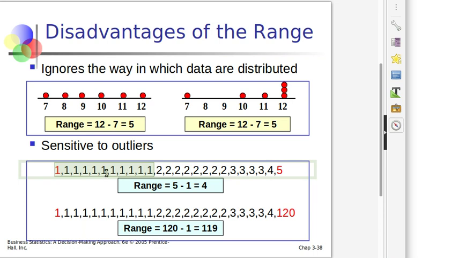The number of occurrences for 1 is just the frequency. The same with 2, same with 3. But when you make a frequency distribution of this, you'll see that the highest value is still 5, and the lowest is 1. So the range is 4.